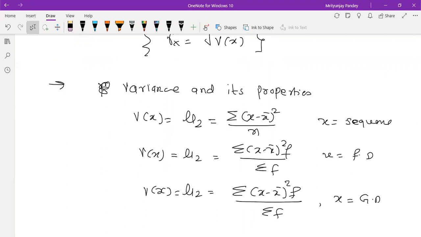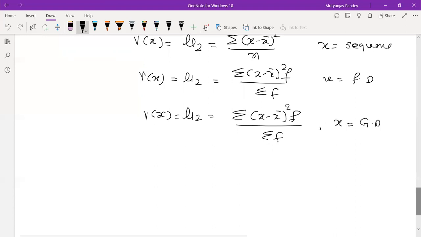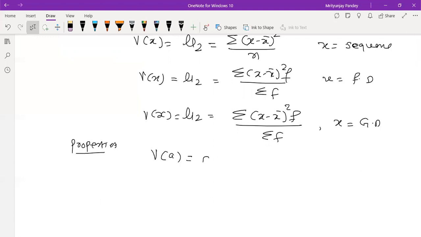Now properties. So the first property, variance of a constant equals 0. Just wait.